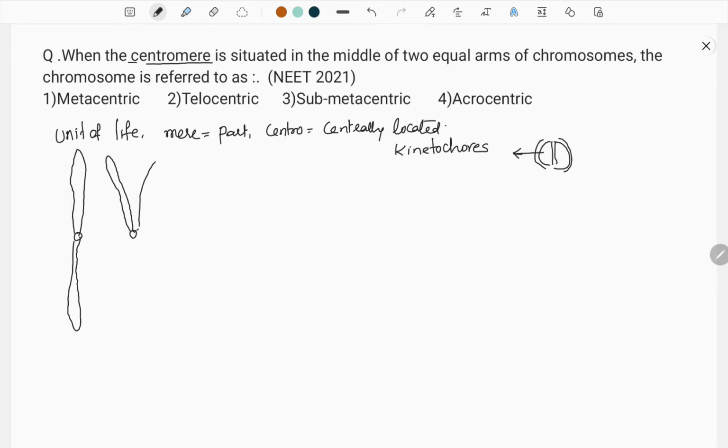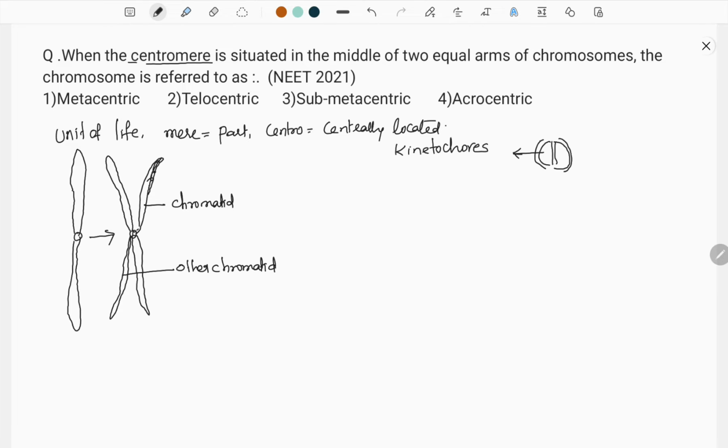The vertical half of the chromosome is called a chromatid. So here, how many chromatids are present? Two chromatids are present. This is seen at the late prophase. This is one chromatid and this is the other chromatid.